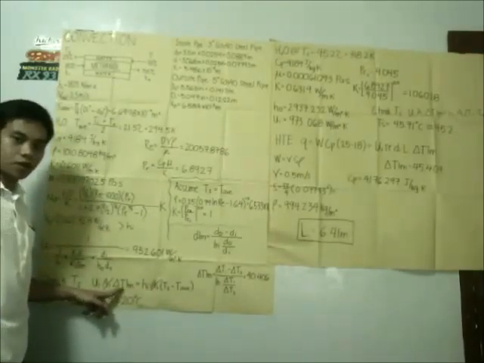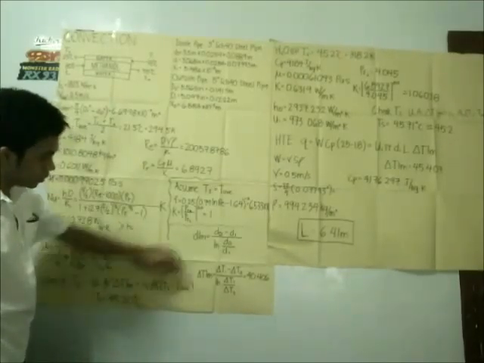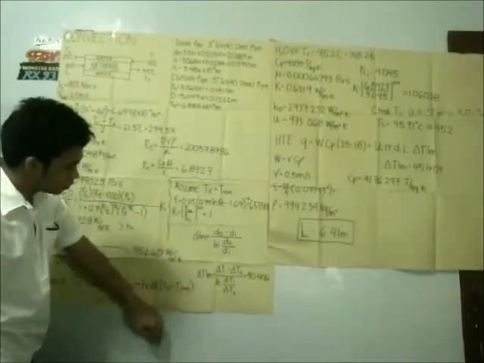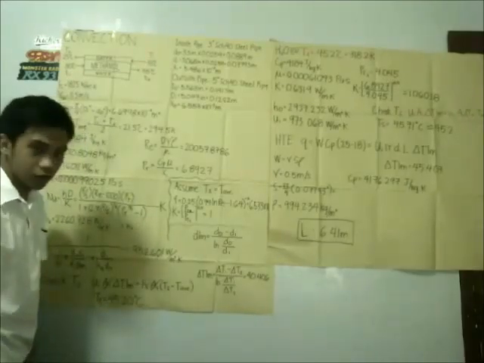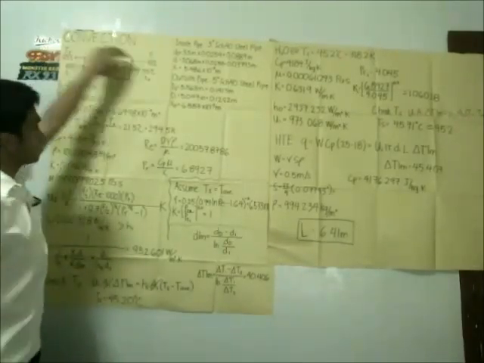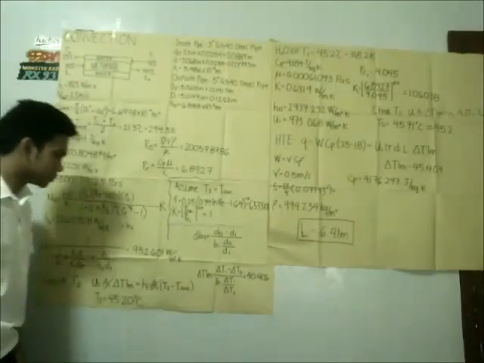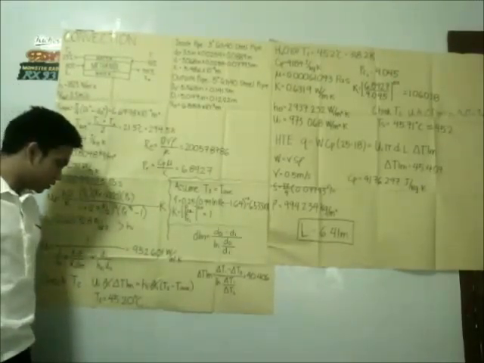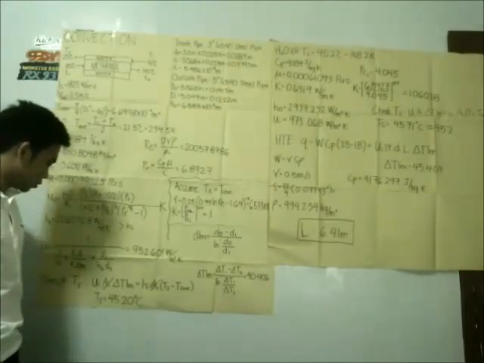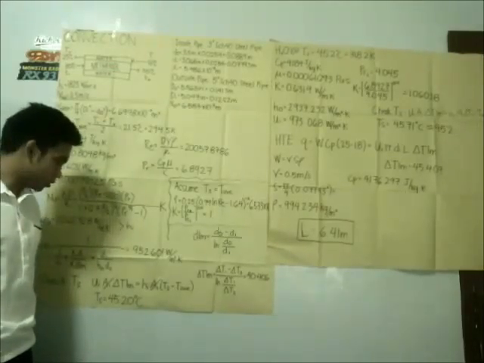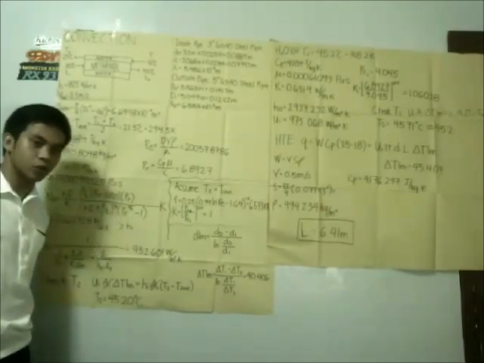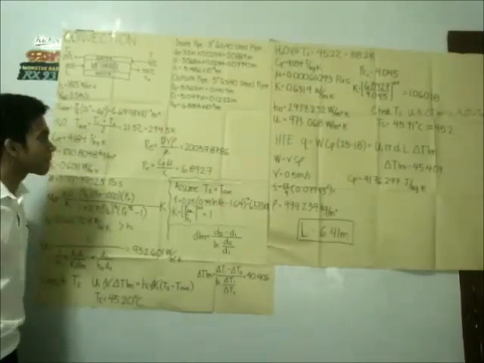The delta T log mean can be calculated using the temperature differences from the temperature ranges listed here. And the checked surface temperature is found to be 45.2 degrees Celsius.